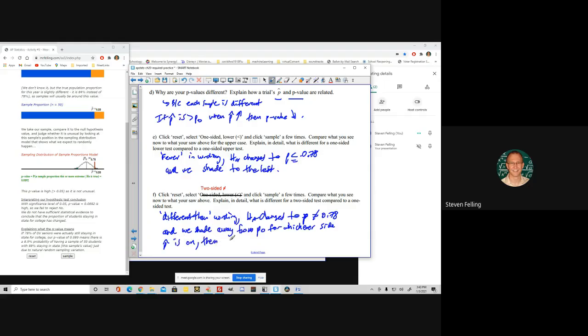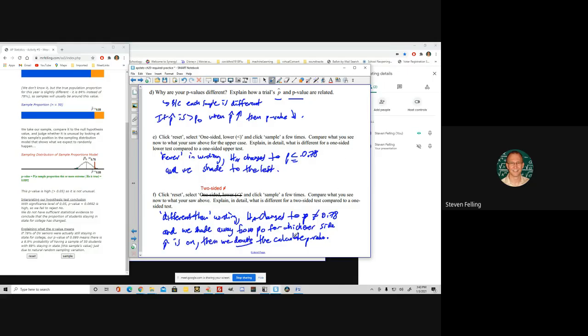Then we double the calculated p-value to get the other side. All right, so that's just something to walk through, something that I think we need to see in practice.